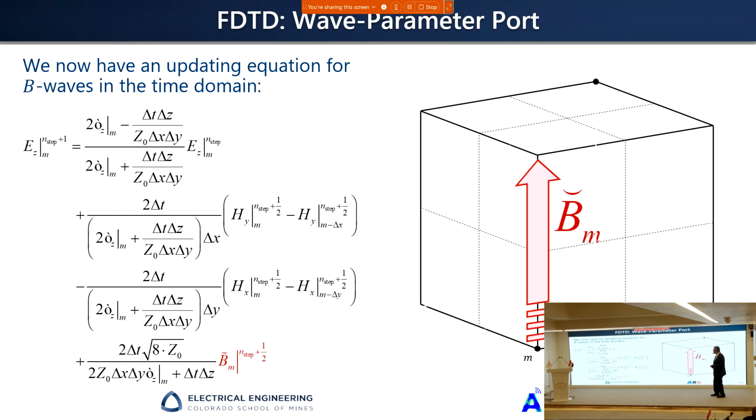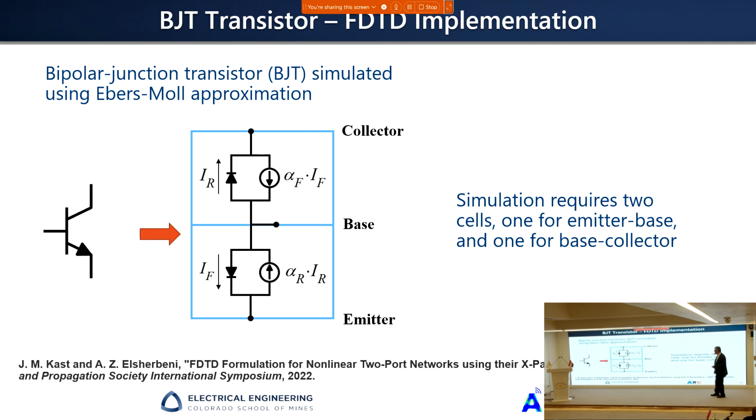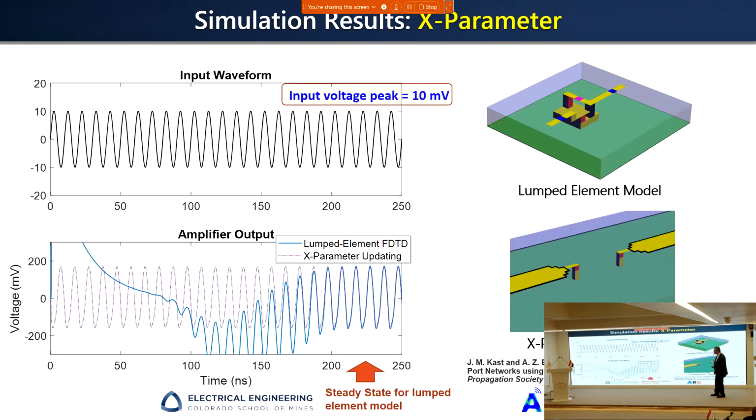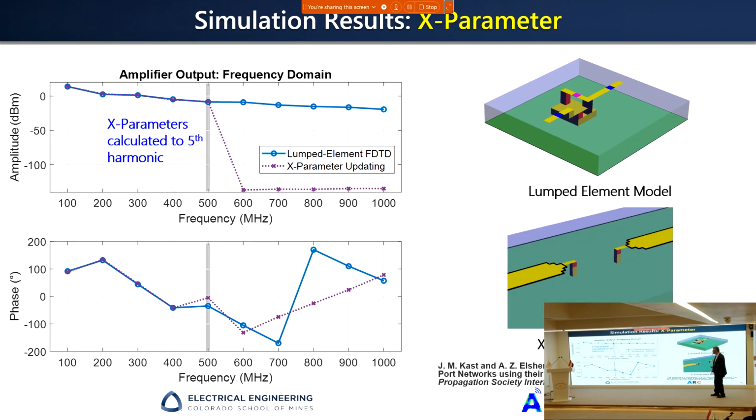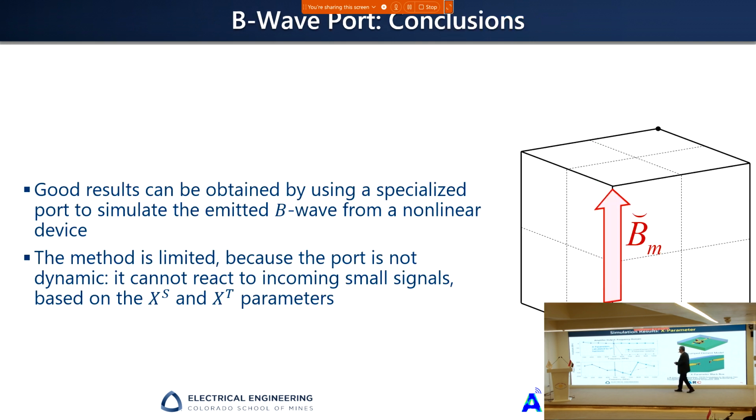And that's why you see a big difference beyond the fifth harmonic. You can see the results are basically matching very well with the lumped element model only up to the fifth harmonic.